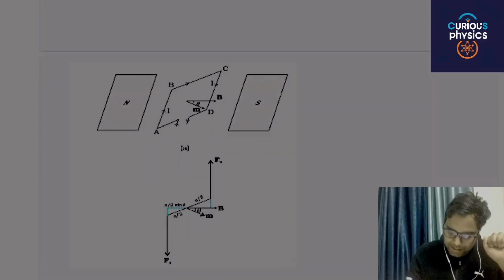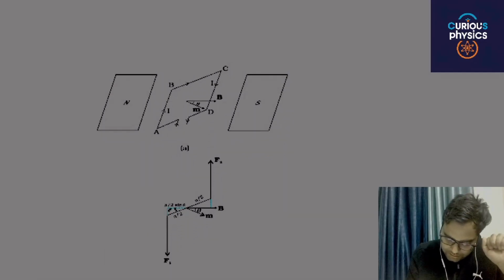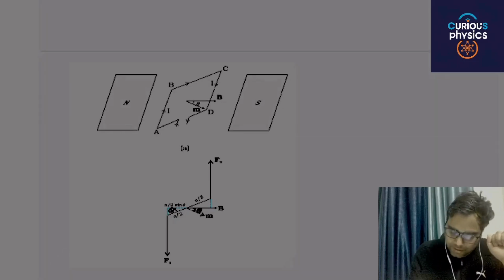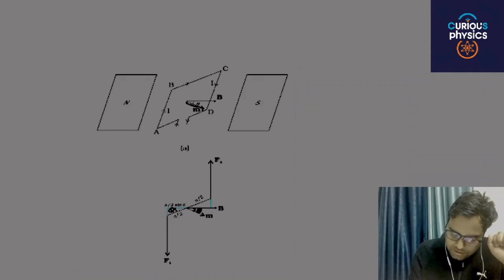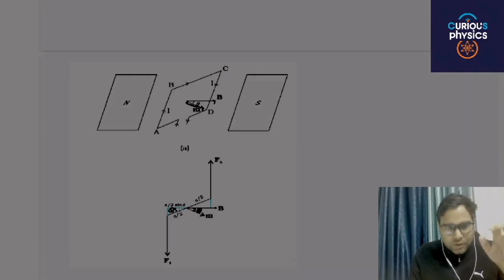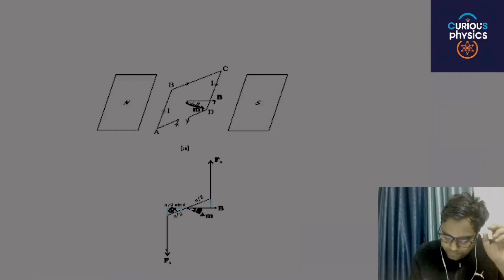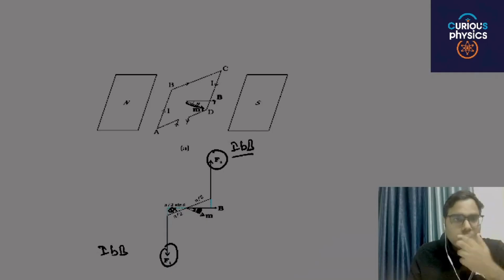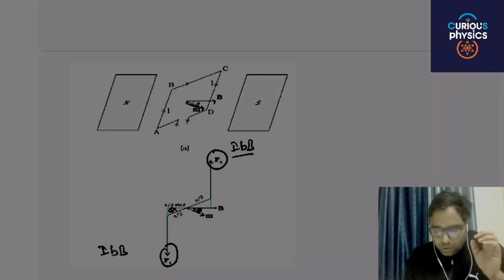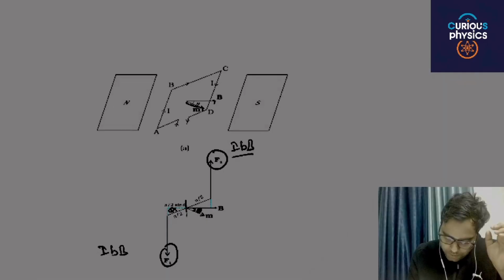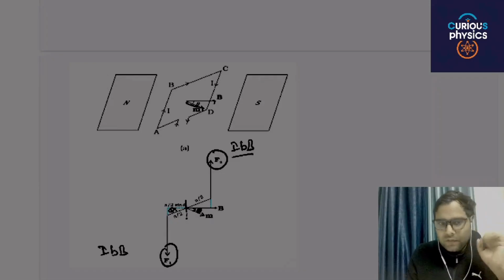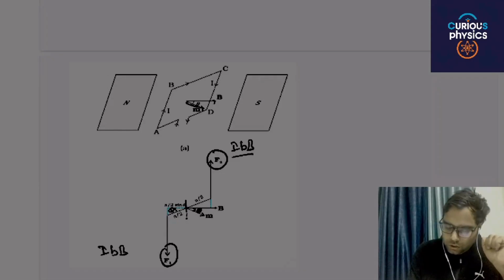The initial angle may be some theta. This can be the initial position. So here the forces remain same. The force will be IBb here, and IBb here. And if you want to find the value of torque about this point, then what will be the value of torque?